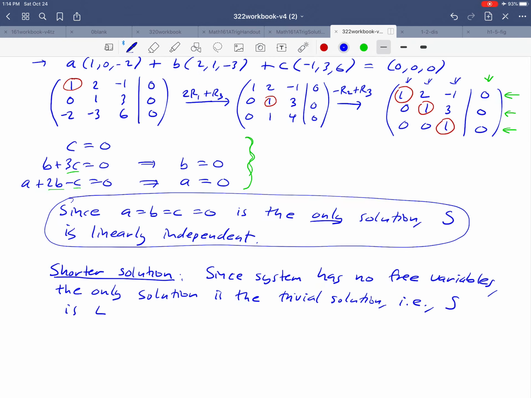So S is linearly independent. I'm going to use the abbreviation LI for linearly independent.